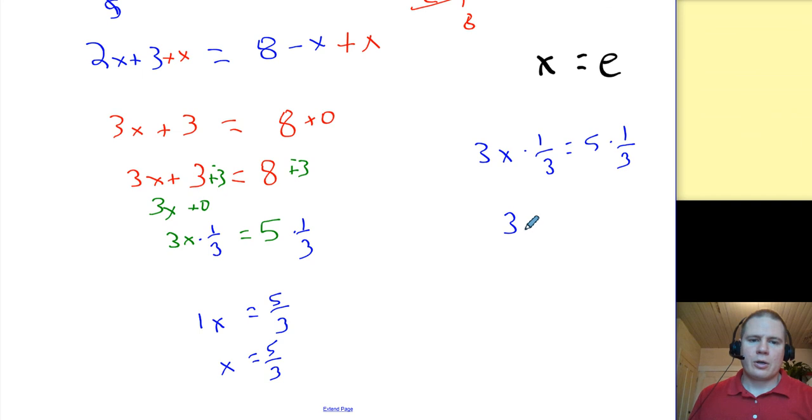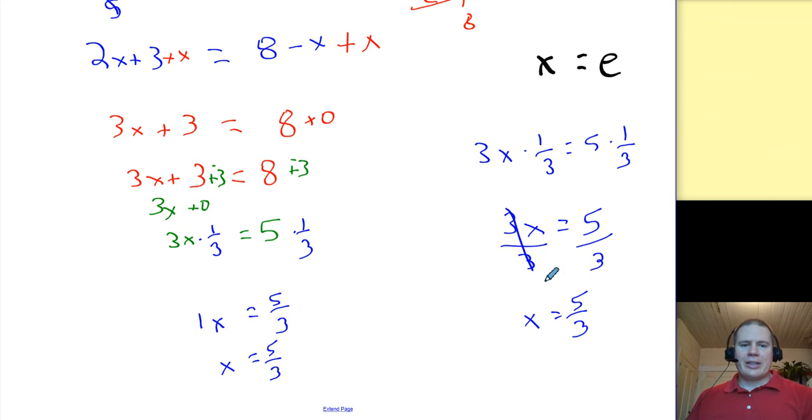Or I could say x times 3 divided by 3 is the same as 5 divided by 3. This strategy of undoing the multiplication with the new operation of division is probably the more common one. And that works so long as I'm dealing with whole numbers. Right?